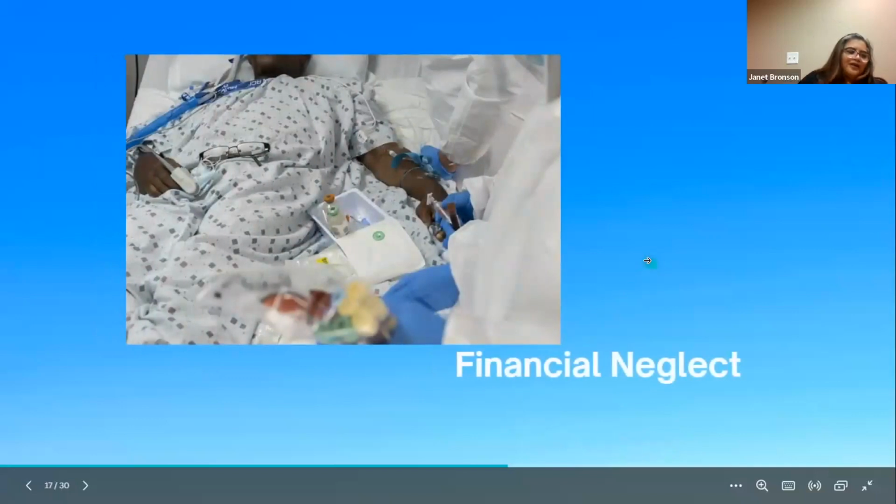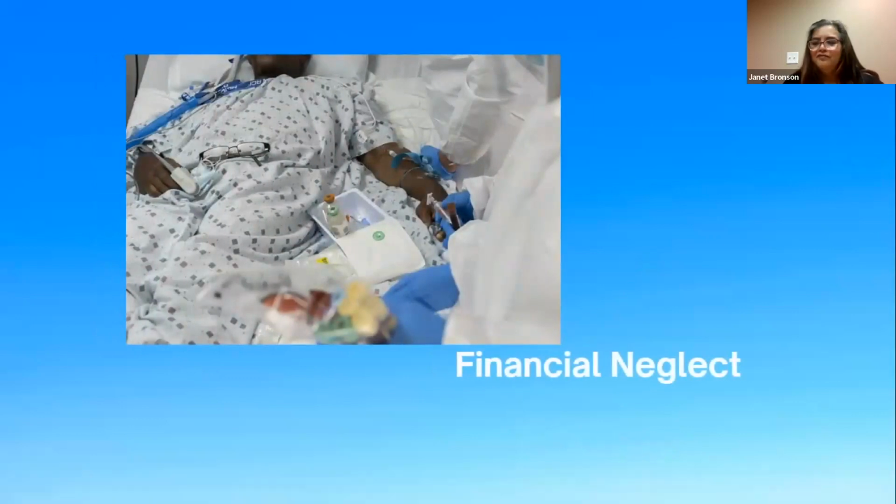So a story of financial neglect: we had a case where one of the clients was... our care navigator coordinator was contacted, and she did a home assessment because there was a complaint about the client not wanting to wear a mask.